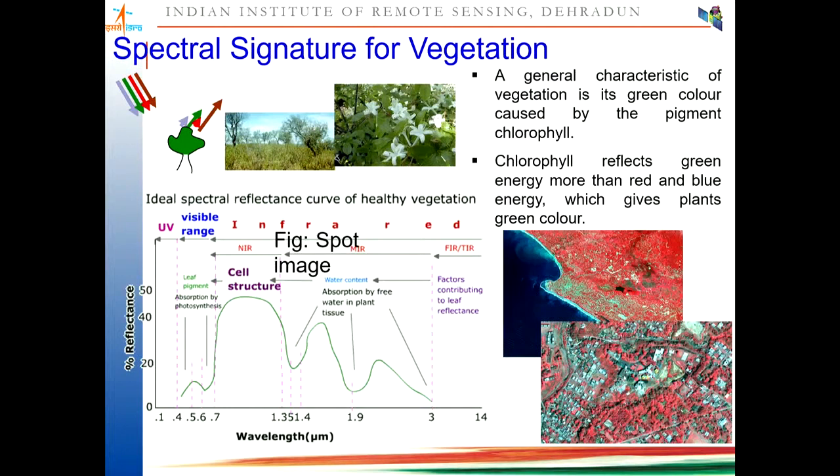Right? So the spectral reflectance curve for vegetation, we just discussed that. So these regions, I've marked, are water absorption dips due to water content in the leaf cell. Here, leaf pigment, right? Now, what are the characteristics that would affect the reflectance from a healthy green vegetation?